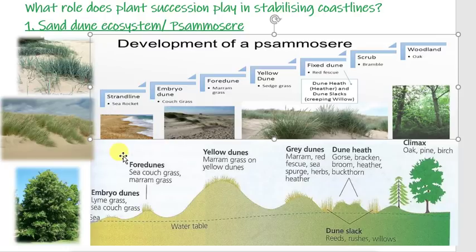They're especially adapted to live in salty and dry conditions without much fresh water. But gradually something changes because we end up eventually with gorse, bracken, and even pine trees. And this is actually a succession from left to right.